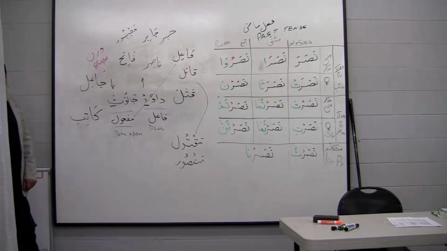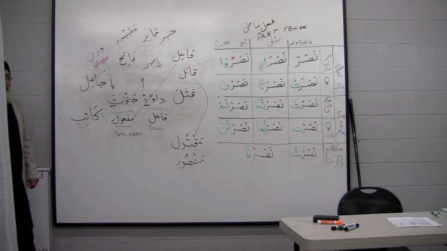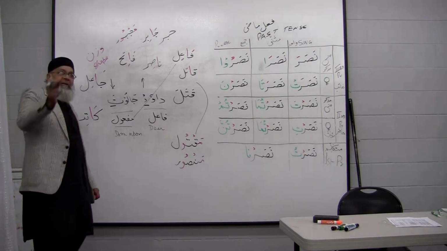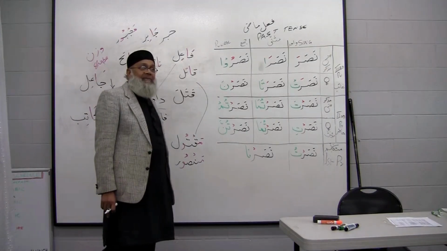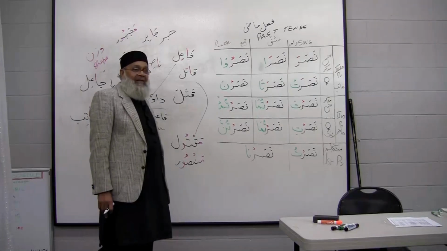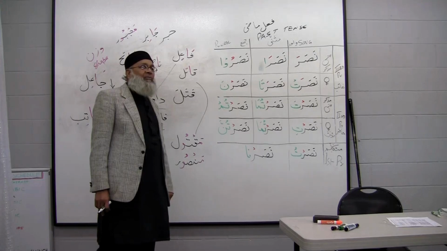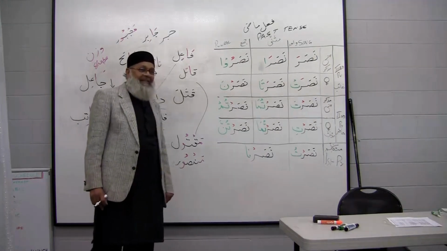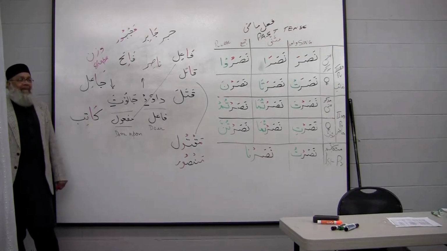Majboor. Rabt means connection. Rabit is the connector and marboot is connected. These things are interconnected. How do you say? Haulai marbootuna. These are connected.